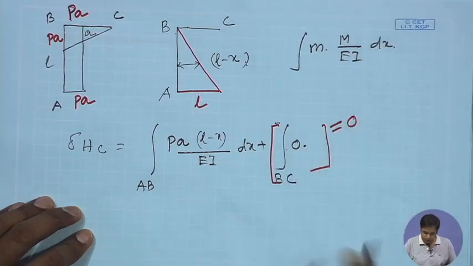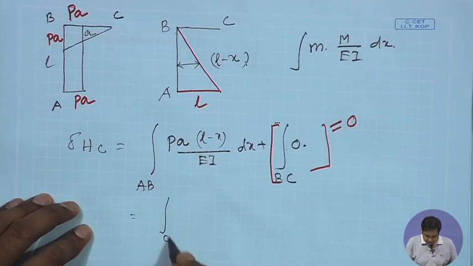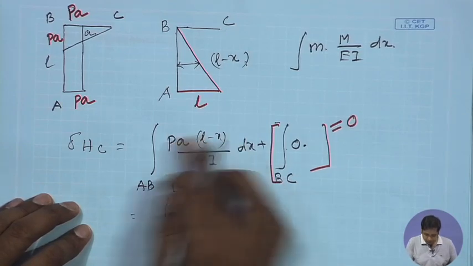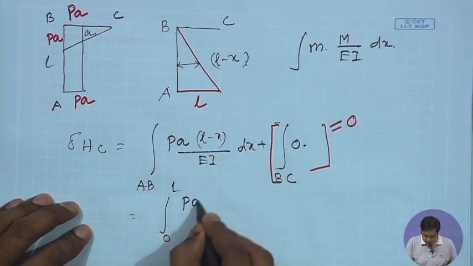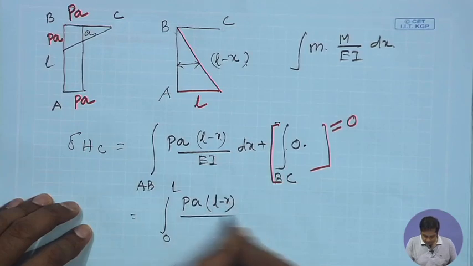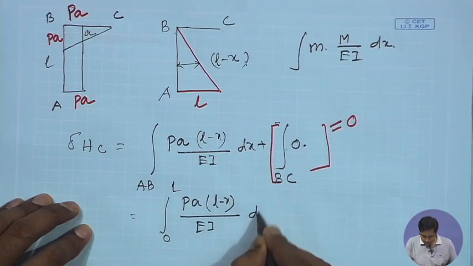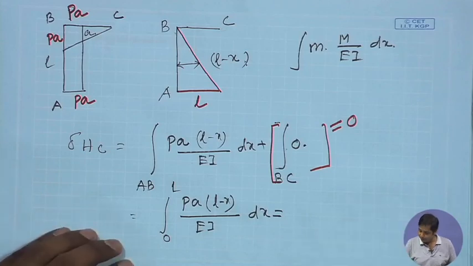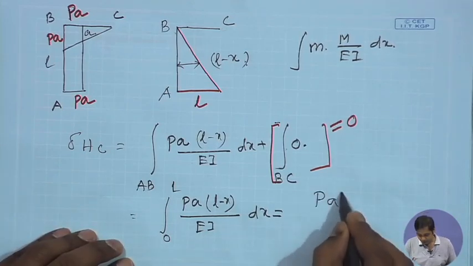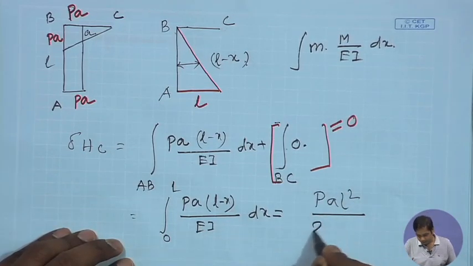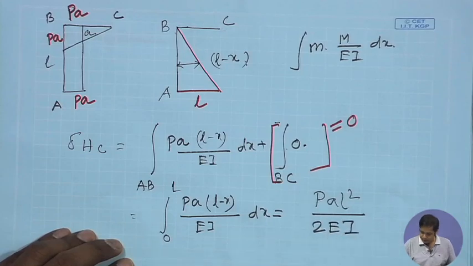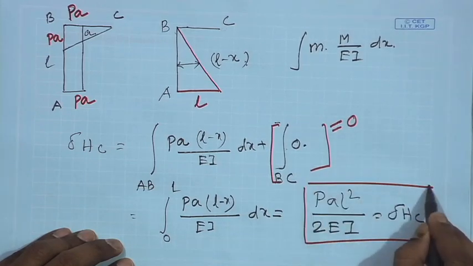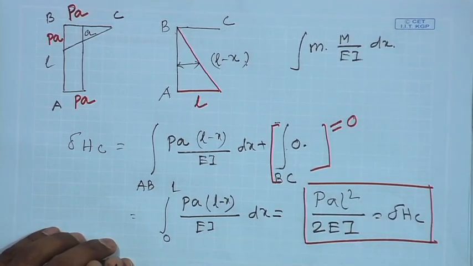So, this is 0 to L and then integrate PA into L minus x by EI dx, and this becomes PA L square by 2 EI. So, this is delta AC. So, this is the horizontal displacement at C.